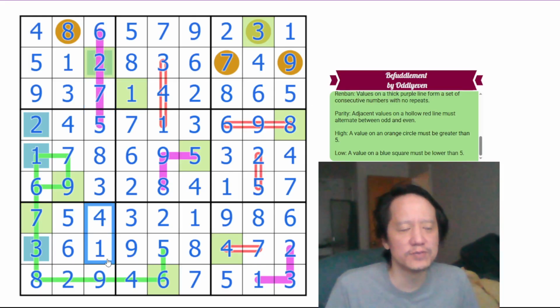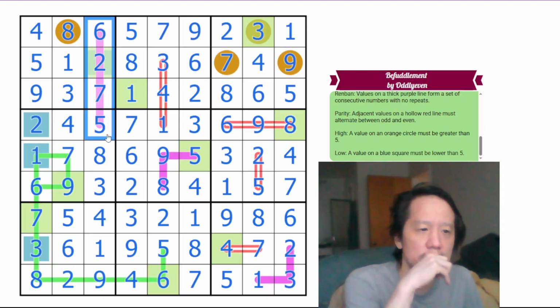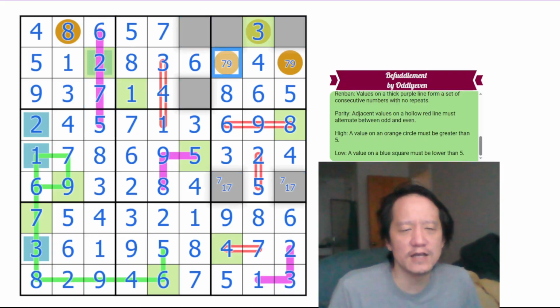How did I actually show that this couldn't be 1? I forget. Huh, that's interesting. I forgot how I actually showed that this couldn't be 1, 2, 3, 4. I don't remember. I think my logic was sound.